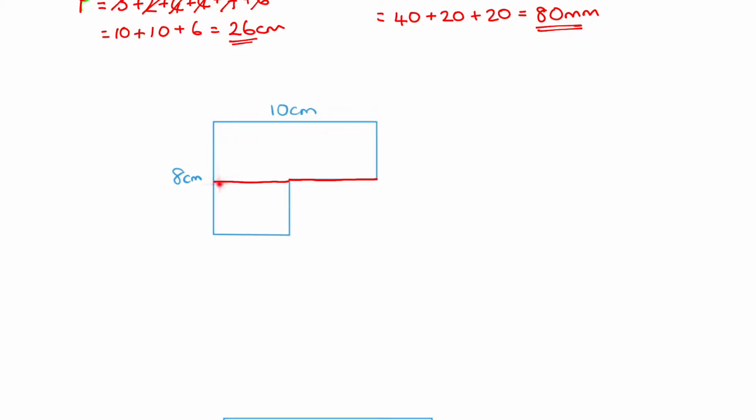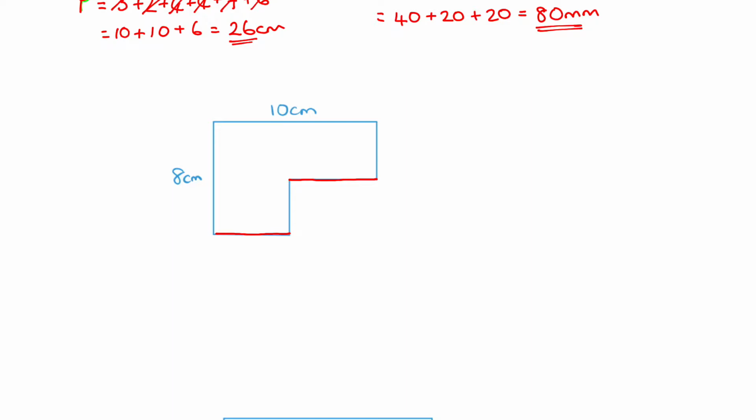So it doesn't matter whether this one's 5 and this one's 5, or this one's 4 and this one's 6, but we can see that these two lines together add up to 10 centimetres. Okay, so if we put that line back where it was, we know that the red lines are 10.